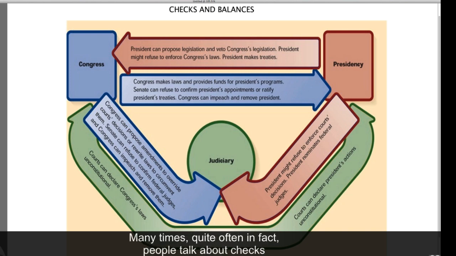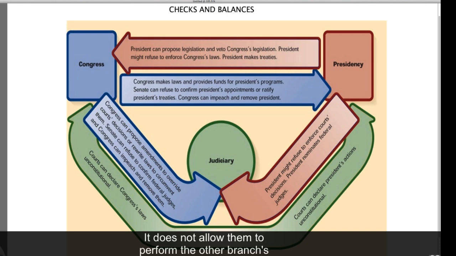Quite often in fact, people talk about checks and balances and separation of powers interchangeably as if they're the same thing, when in reality they're different concepts, but they're complementary, and they reinforce one another. So checks and balances as a system of overlapping powers does in fact allow branches to involve themselves in the behavior of other branches.